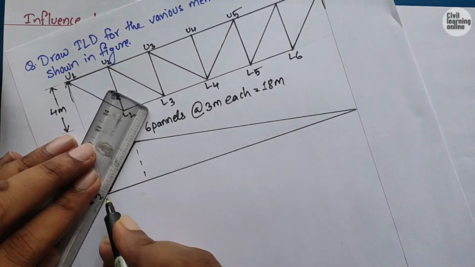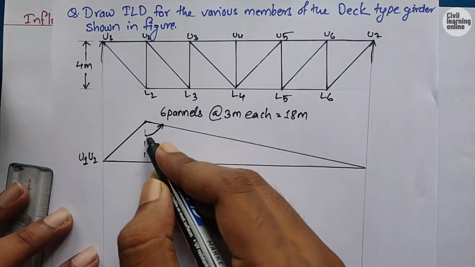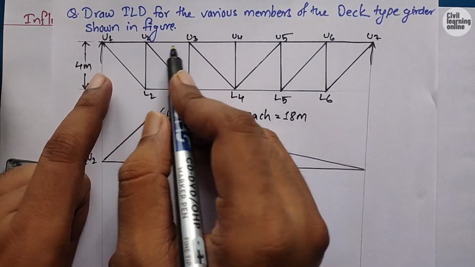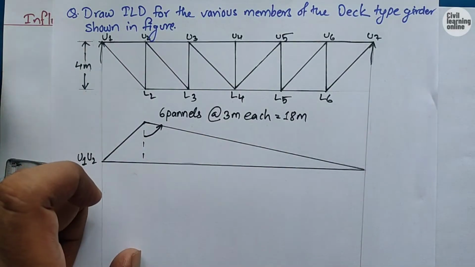And here we go. Now we can easily compute the height of this influence line diagram, which is this portion multiplied by this portion divided by the height and whole span.